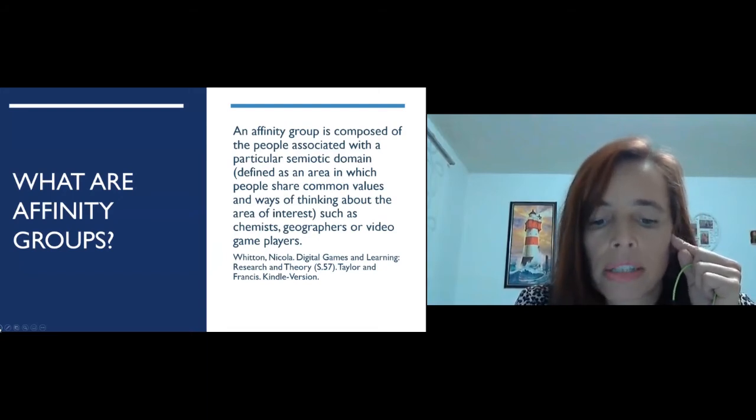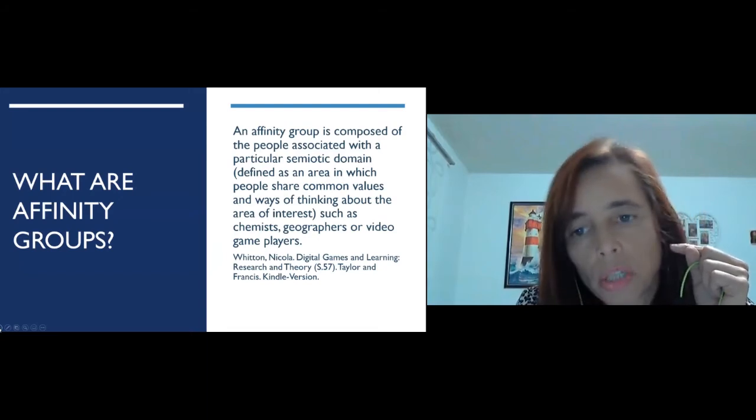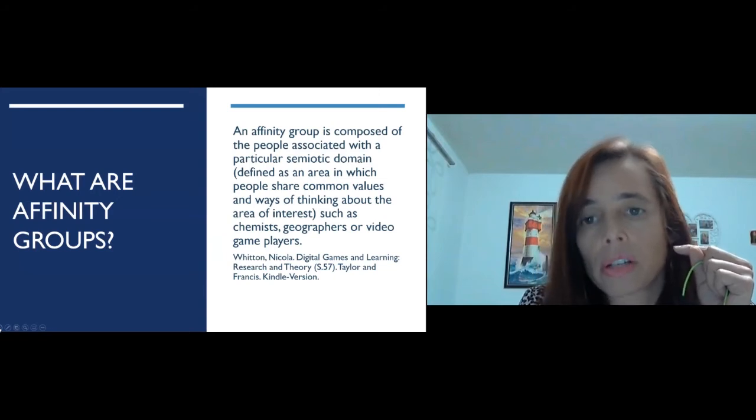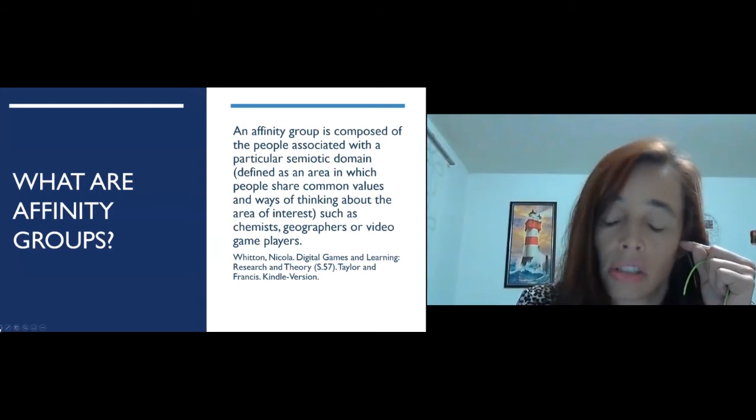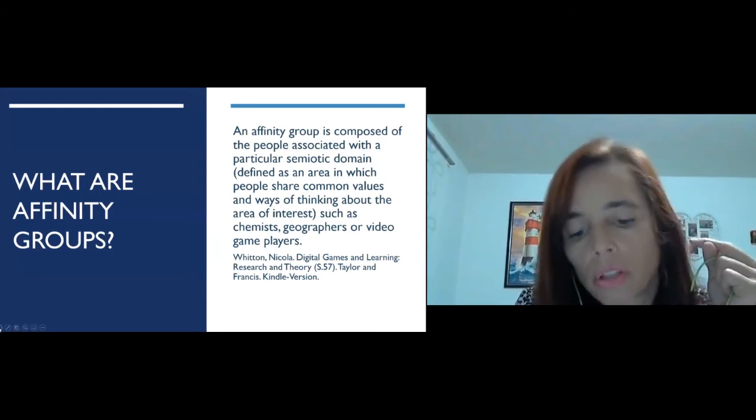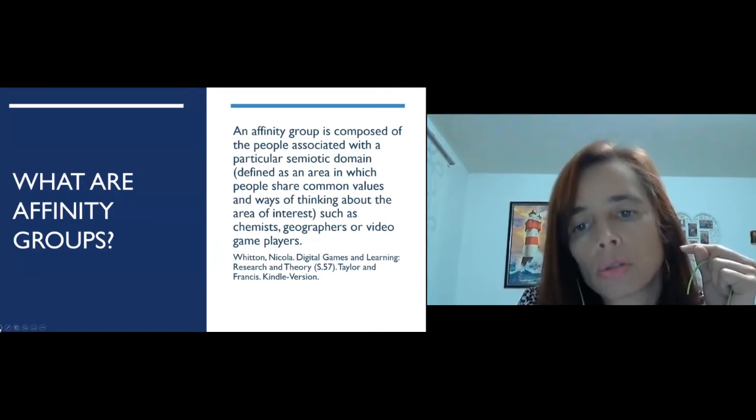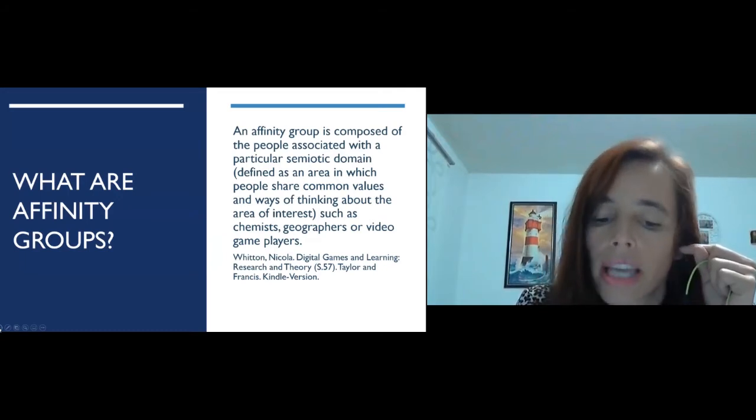It's a bit like the communities of practice we can find in a lot of areas. So these affinity groups are also something you can find in a lot of things around games.